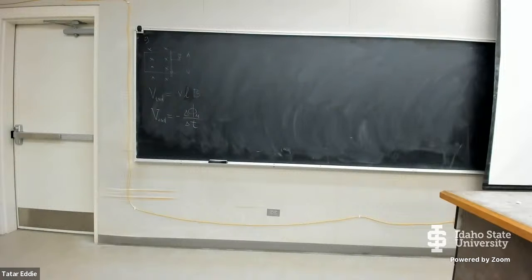After that, we talked about mutual inductance. We have one coil, the primary coil, that is energized, so it is connected to some, let's say, AC voltage. So current is flowing in it. Magnetic field is created by this current.